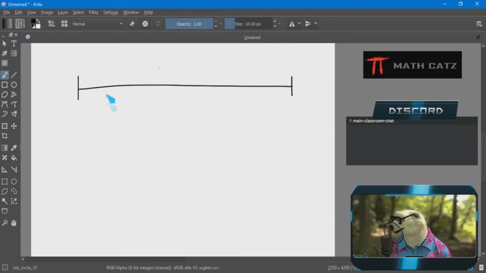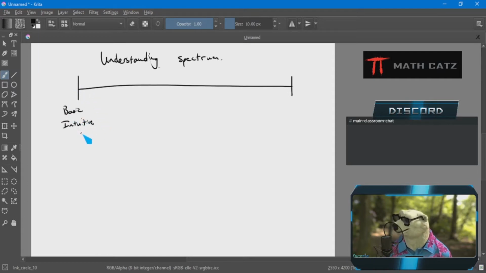So on the very left of this, what I call the understanding spectrum, on the very left, I have a basic intuitive understanding of how things work.